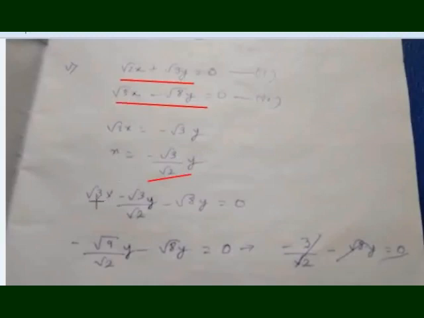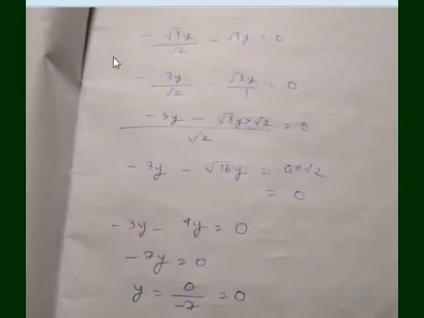So it will be root 3 into minus root 3 by root 2 y minus root 8y is equal to 0. So root 3 into root 3, that is root of 9, 3 into 3 is 9. So minus root 9y by root 2, minus root 8y is equal to 0.